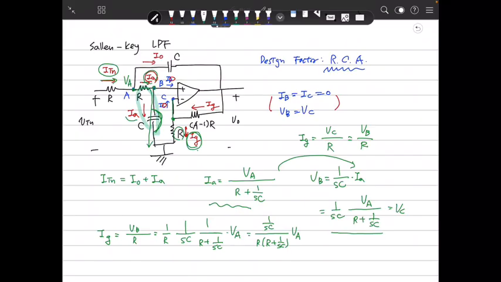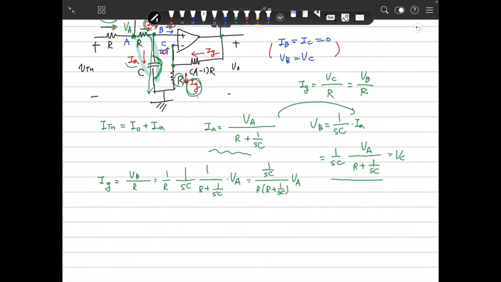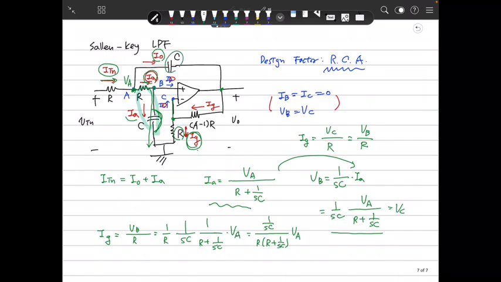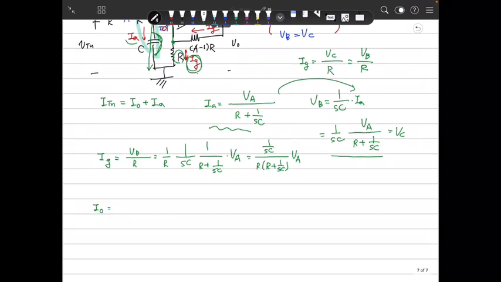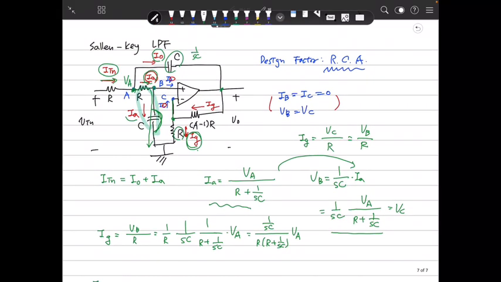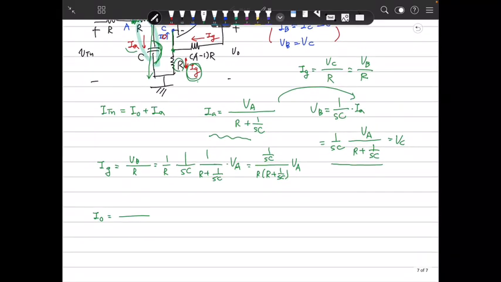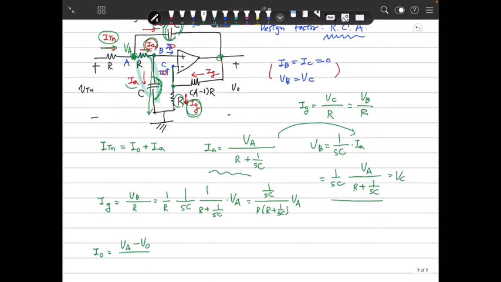Then we use the IO. This is VA, and we define this as VO. So the current IO will be calculated between them. Because this impedance is 1 over SC, therefore IO will be the voltage difference between VA and VO, VA minus VO, divided by the impedance 1 over SC.